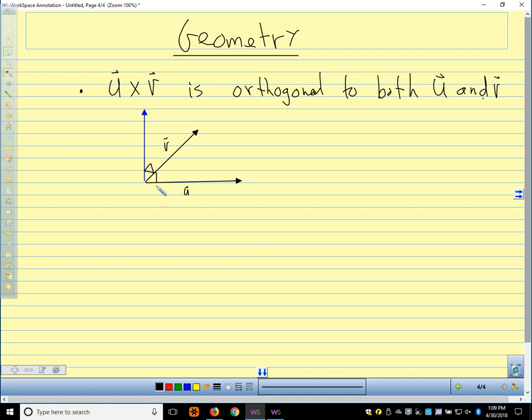So both of those angles are 90 degrees. And if we did the cross product in the opposite direction, we would get V cross U. So if we have 2 vectors in the plane, the cross product is perpendicular. So if our 2 vectors are in the screen and we do the cross product, it comes out of the screen.